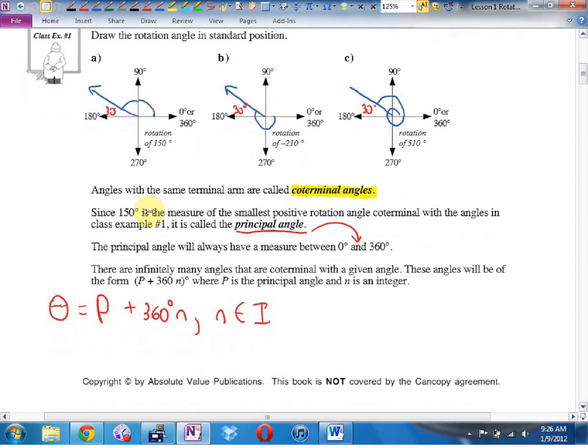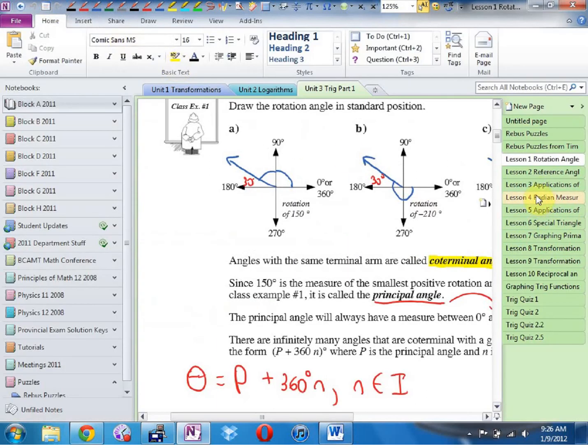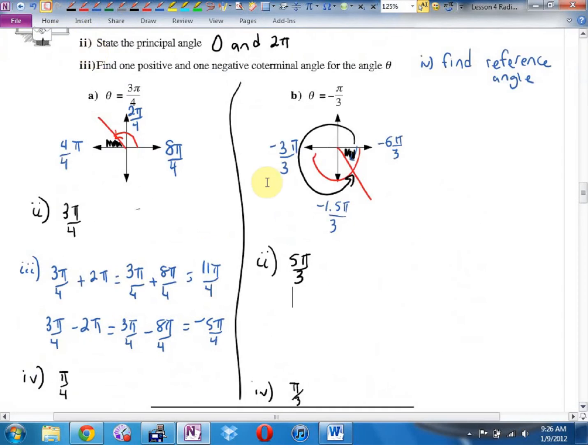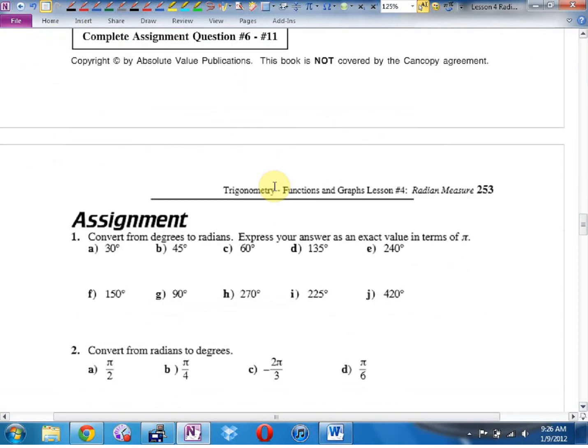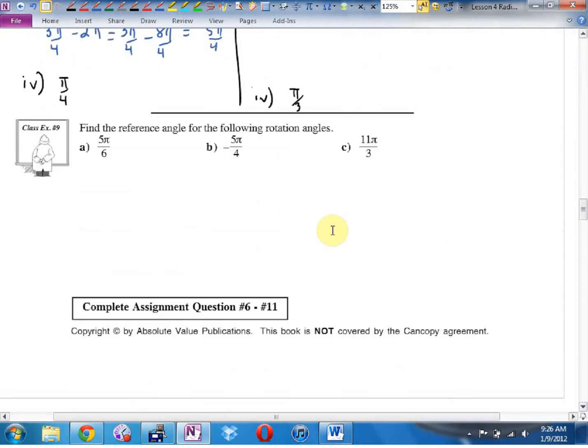Almost done. Example 9 says, find the reference angle for the following rotation angles. Anytime I'm doing radians, if they give me an angle, I do a sketch. 5 pi by 6. That's pi.